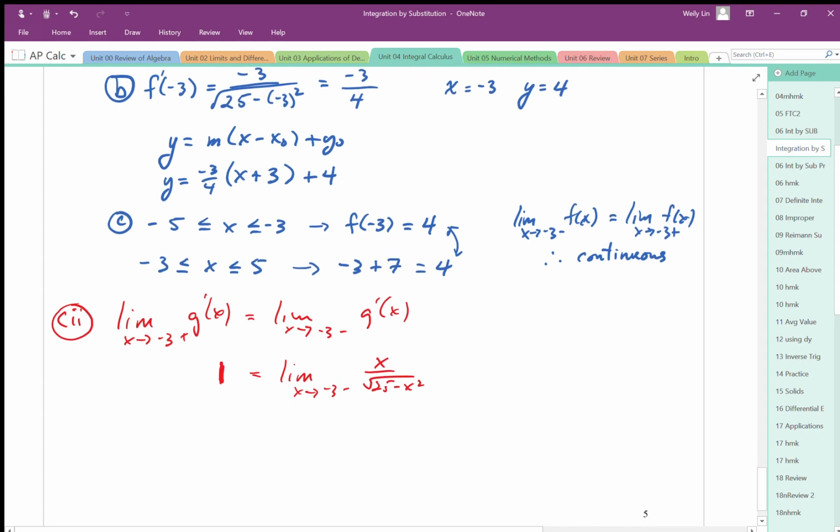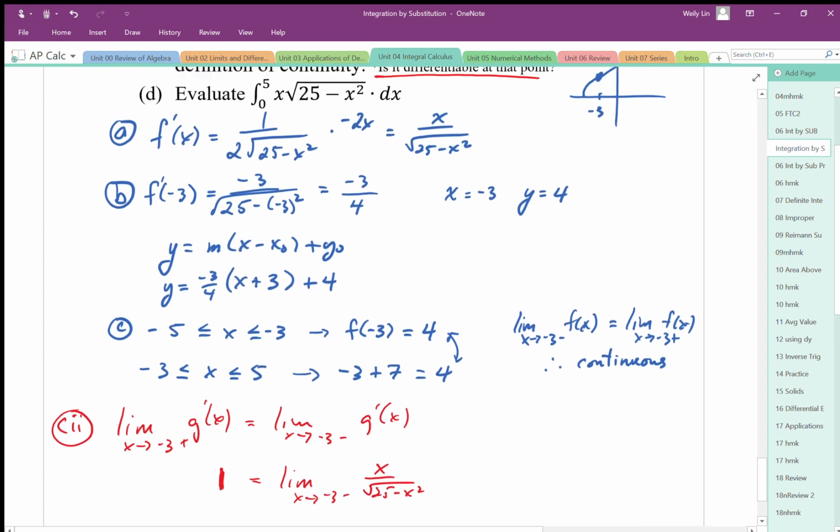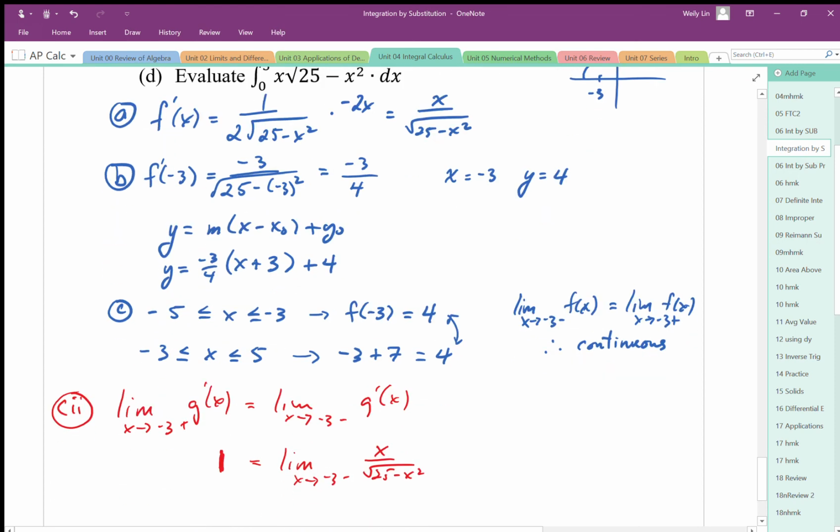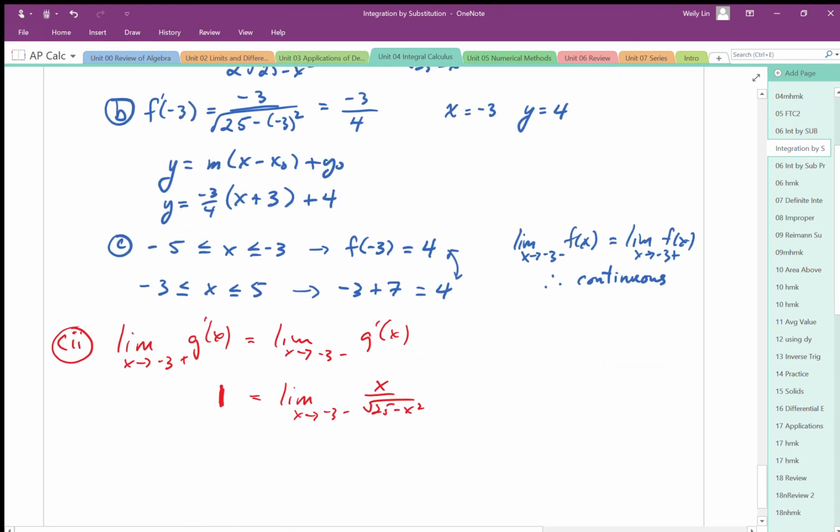As we let x go to negative 3, we already found the slope at negative 3 is equal to negative 3 over 4. So are these in fact equivalent? Slope of 1 from this side. On this side at negative 3, the slope was negative 3 over 4. So clearly this is not true.